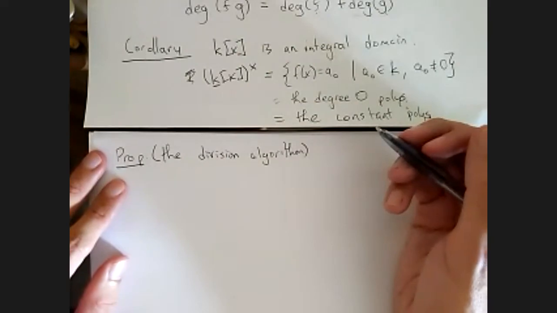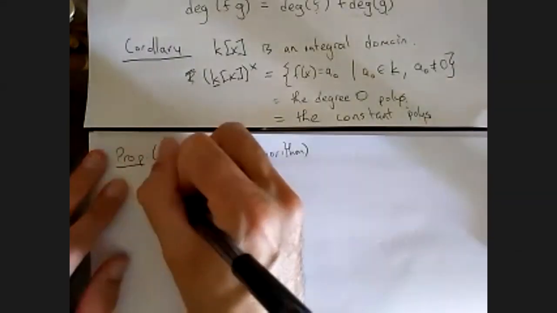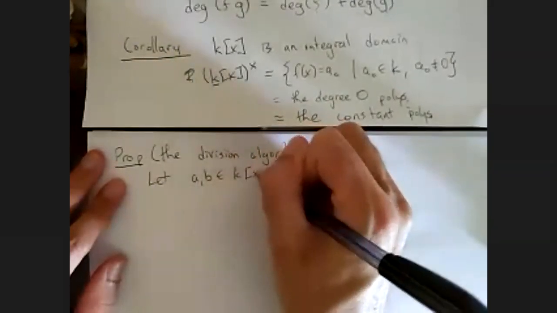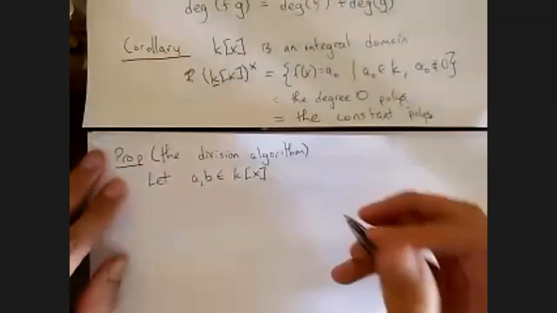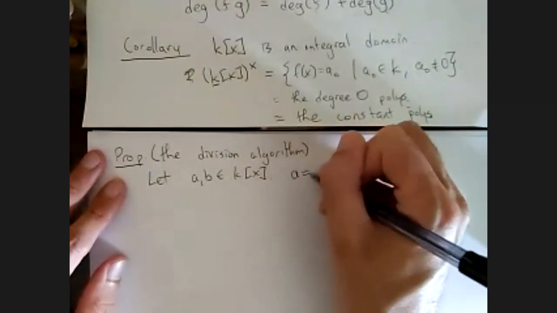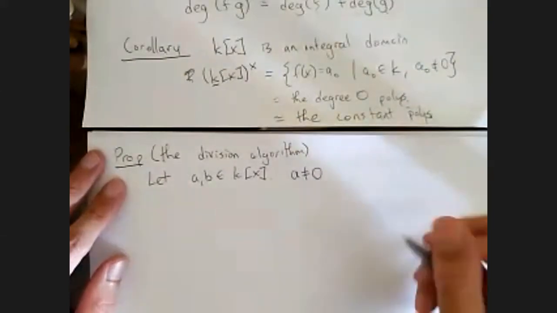Okay, so let A and B be polynomials, and we'll have that A is not equal to the 0 polynomial.